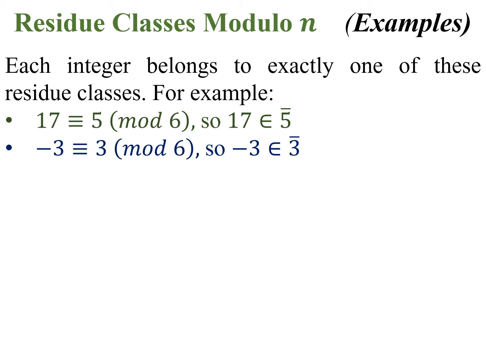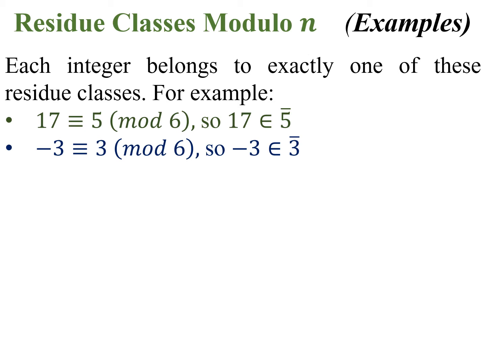We know that A is congruent to B modulo n if and only if n divides A minus B. Here A is minus 3, B is 3, minus 3 minus 3 is minus 6, and it is divisible by 6, and therefore minus 3 is congruent to 3 modulo 6.